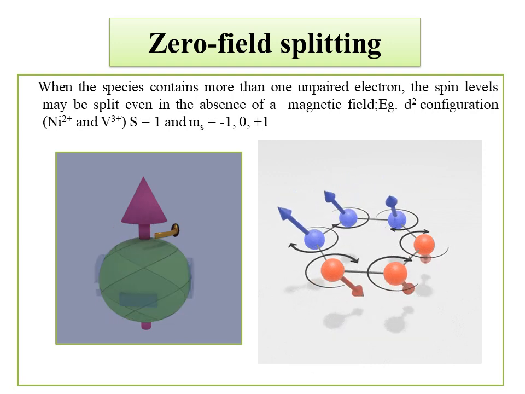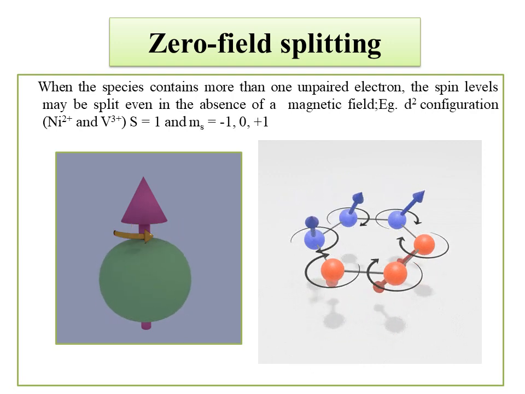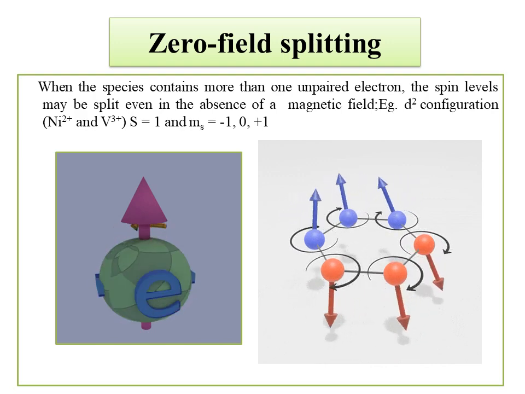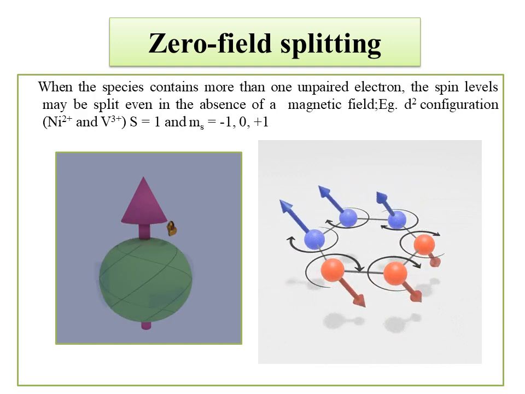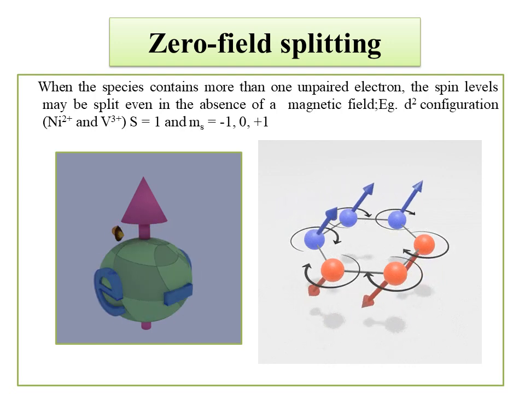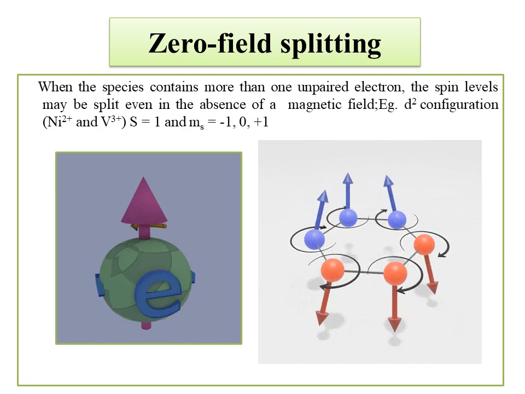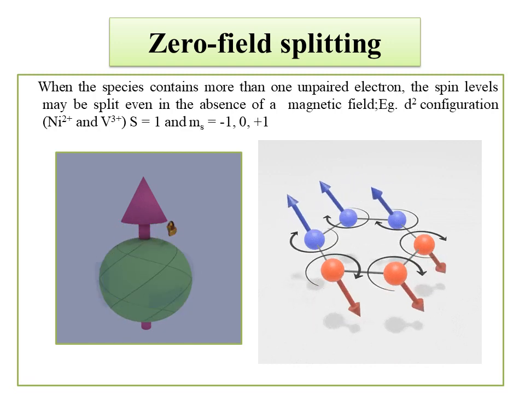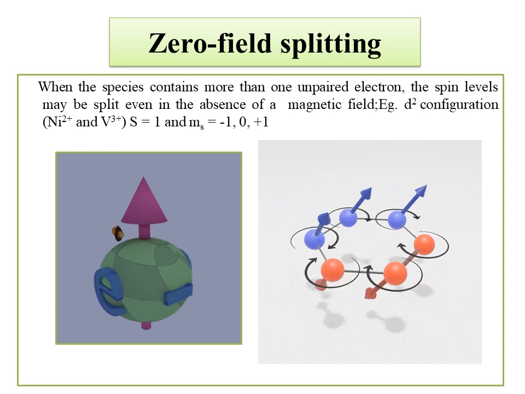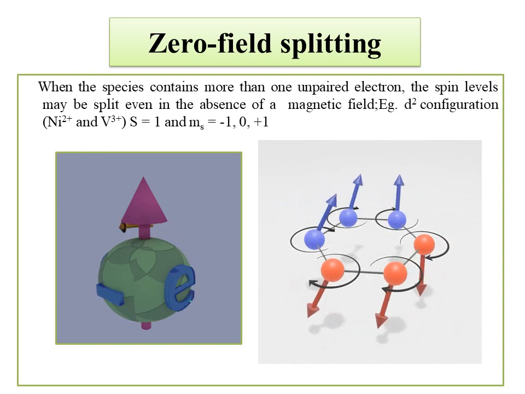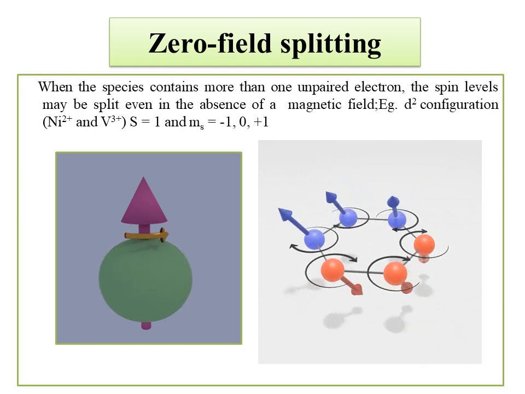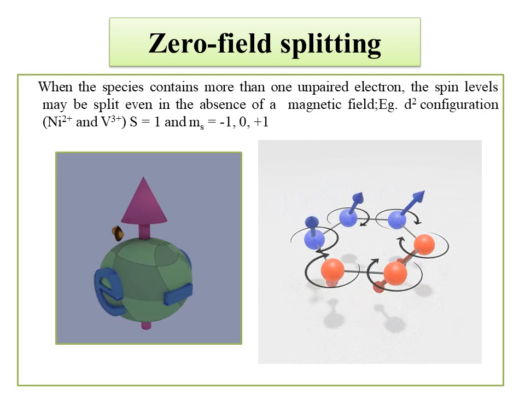Now let us see zero field splitting. When a metal ion is placed in a crystalline field, the degeneracy of the d orbitals will be resolved by the electrostatic interaction, but the spin degeneracy will remain until the magnetic field is applied.